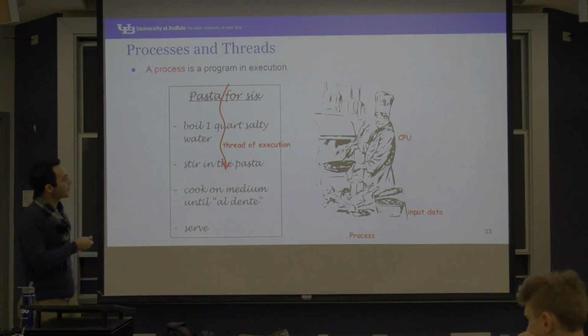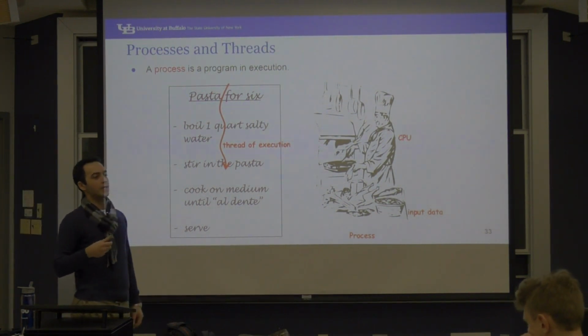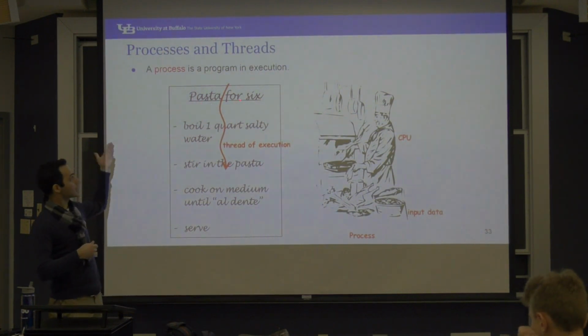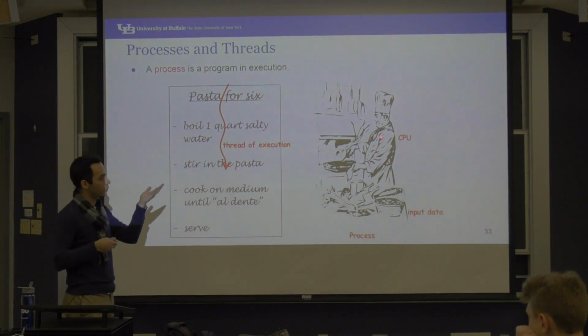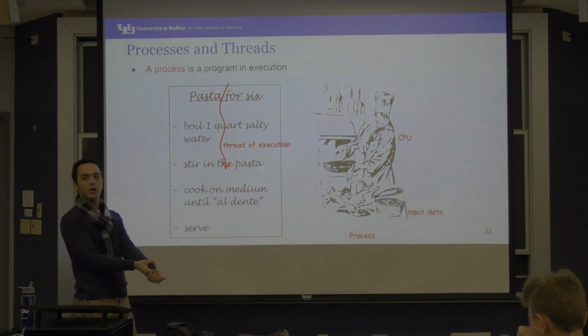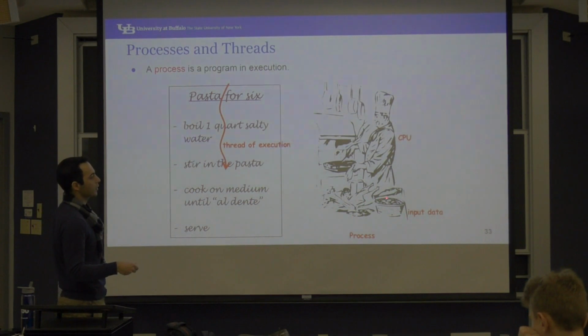We can think of the CPU as a person that just does whatever it reads, and the pasta recipe would be a process, because that person just runs it, and then your result is pasta, right? The input data obviously is in memory, and these are the instructions.